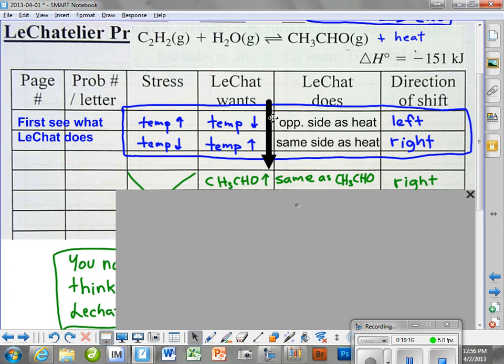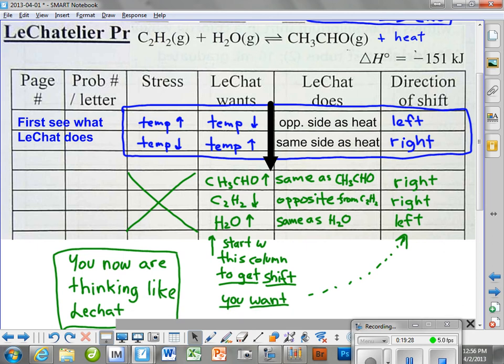So to get that, what we want to do is put Le Chat as the stuff that he wants to do. Okay, your thinking has to become Le Chat thinking. You're now thinking like Le Chat. And whatever we put in this column to get the shift that we want, or that Le Chat wants, that's going to give us the information that we need.